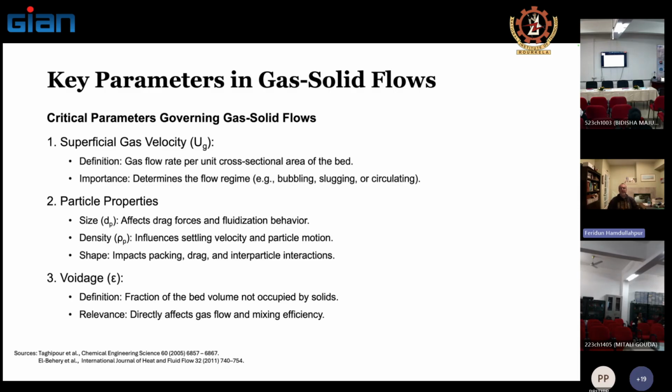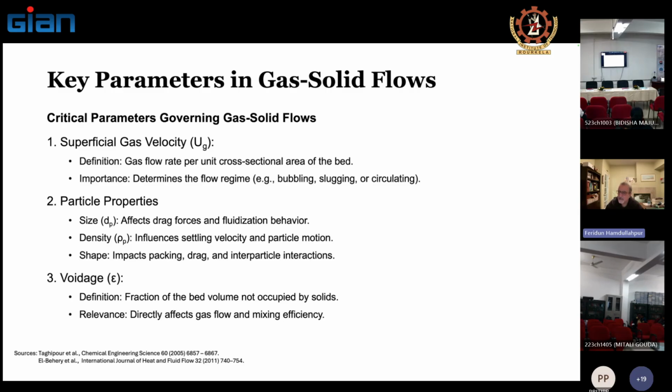So for that, we need to know the particle properties. For example, how do you define the particle size? I don't have time to go through the entire thing because it would take many, many hours. But obviously, particles will not all be of uniform spherical shape.